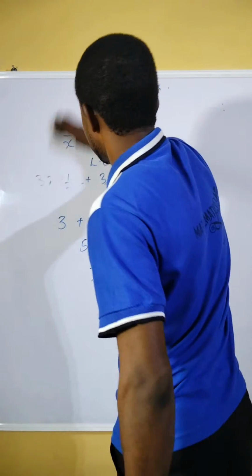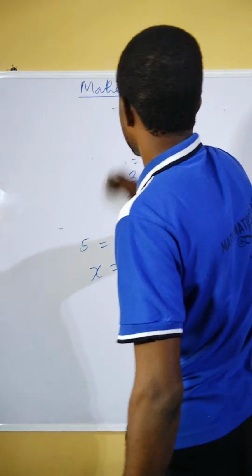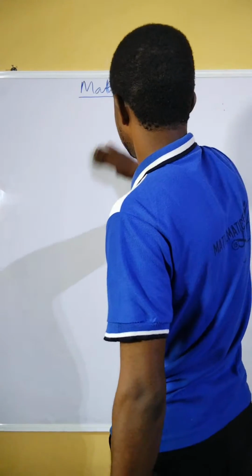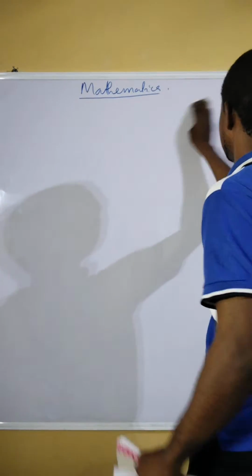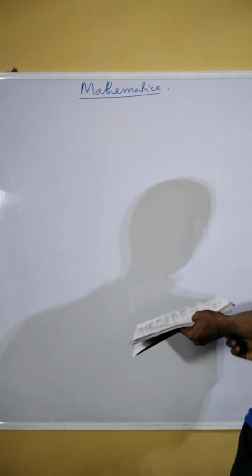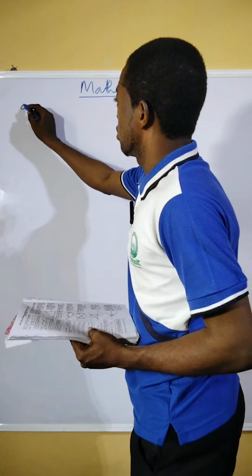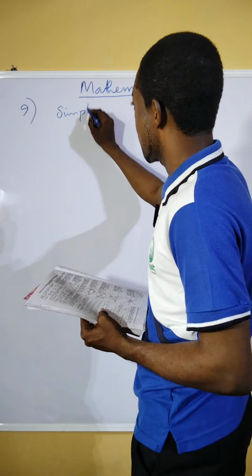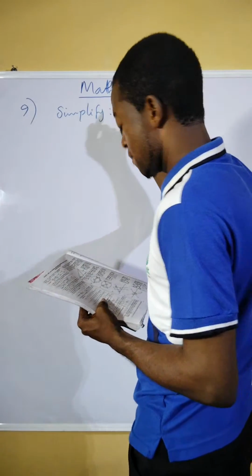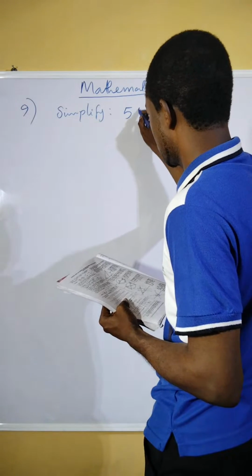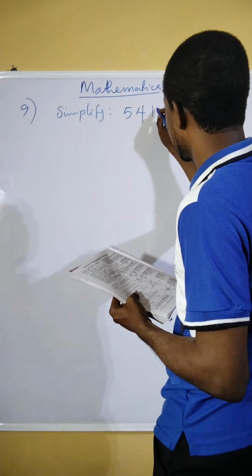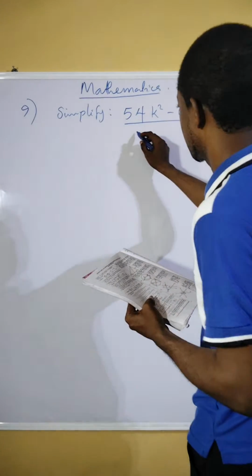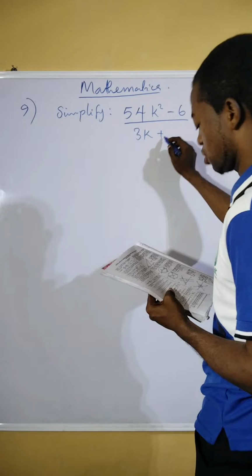Now, let's look at the next question, question 9 here. And in this question 9, we have to simplify 54k squared minus 6 over 3k plus 1.